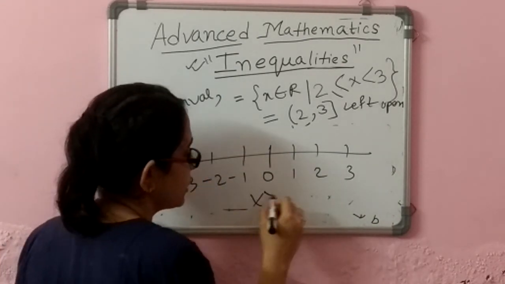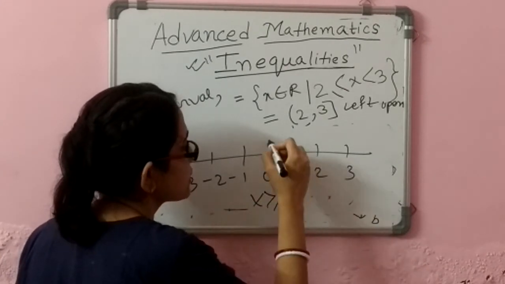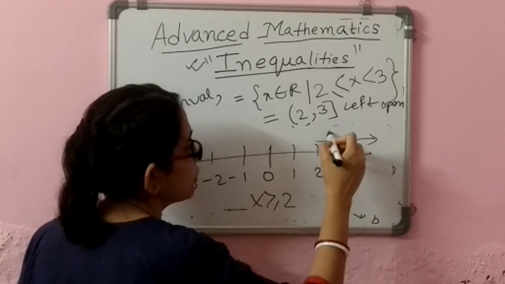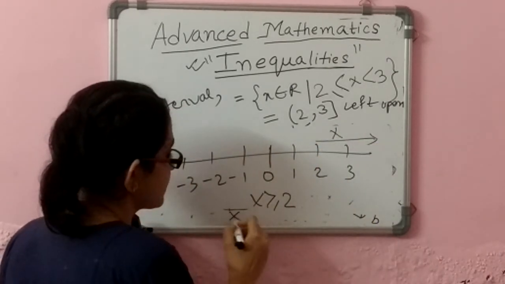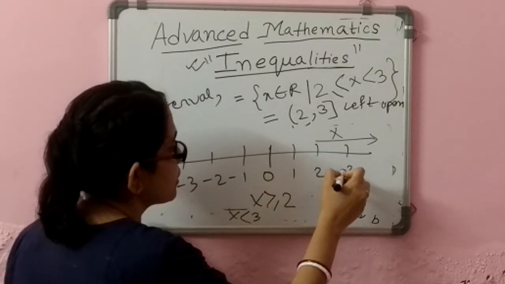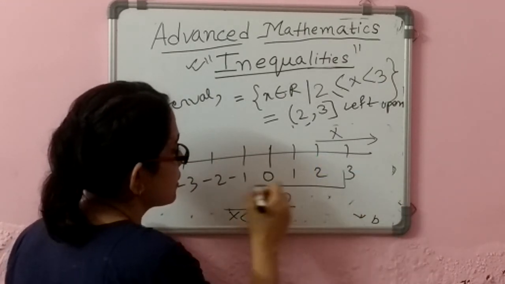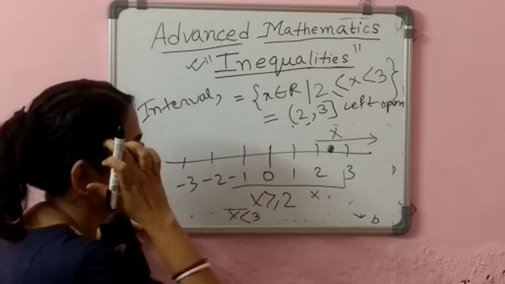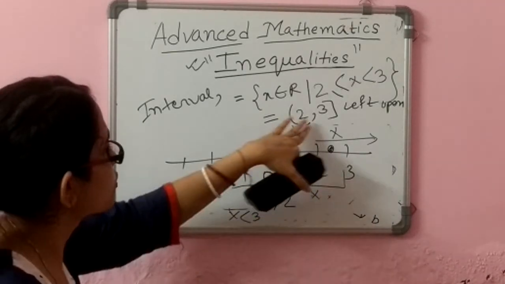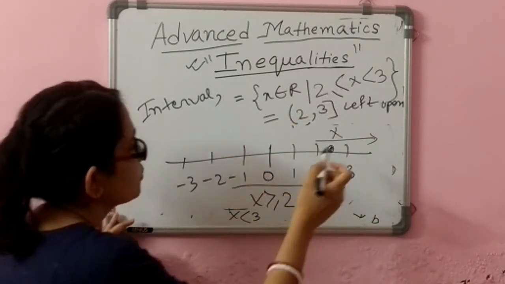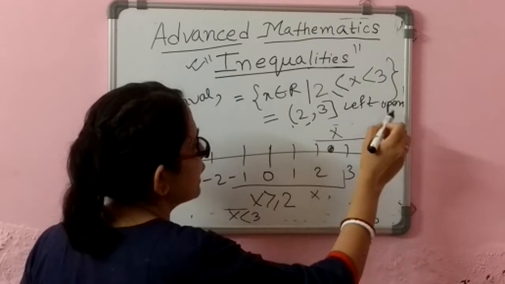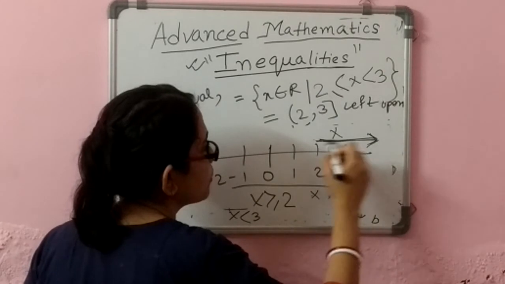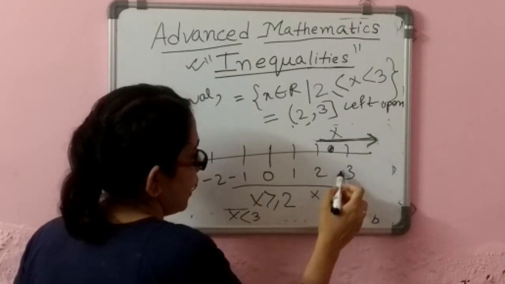First, what we have got is x is greater than or equal to 2, here, or x is less than 3. x is less than 3. So somewhere here is the combined portion. Combining these two we will get this, that here it is left open. From 2 it will be closed. And from 3 it will be open.